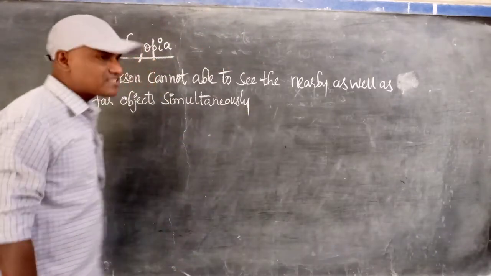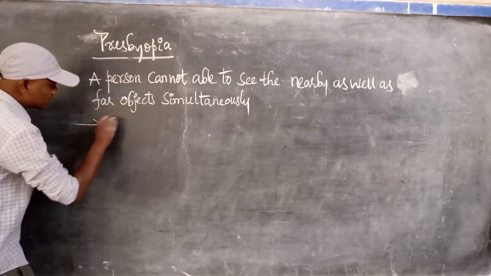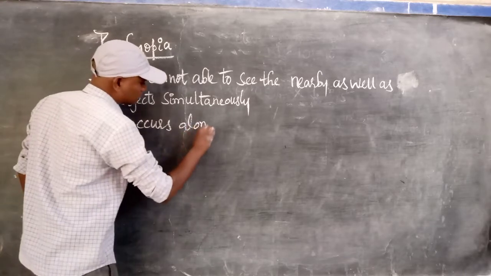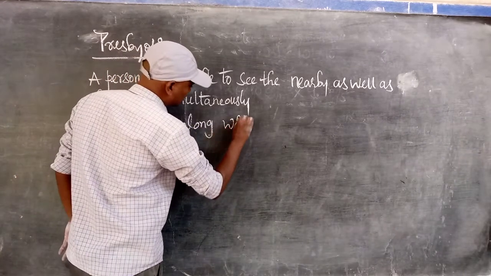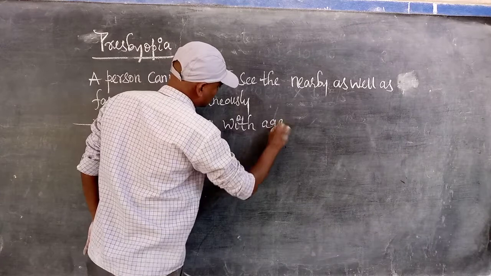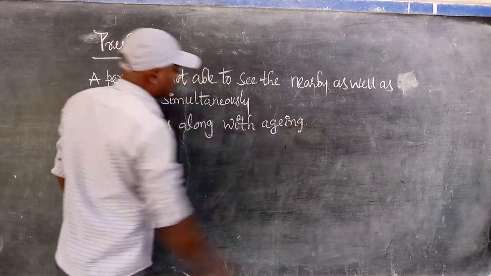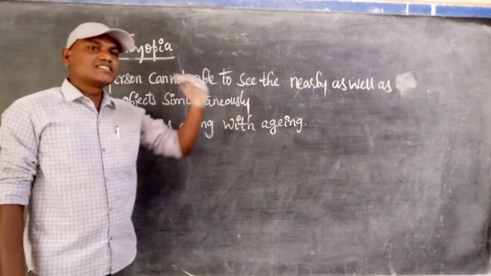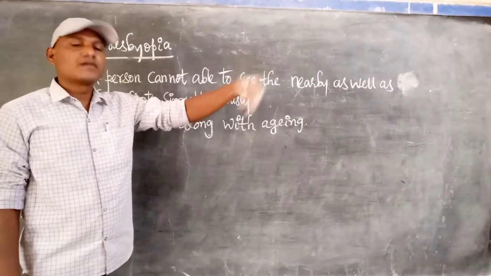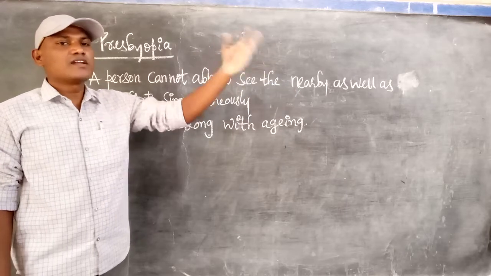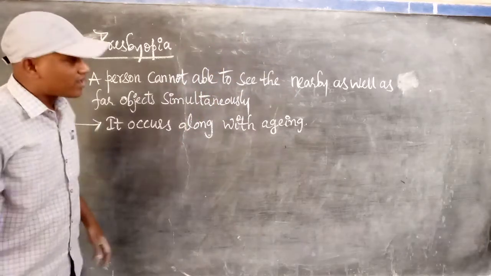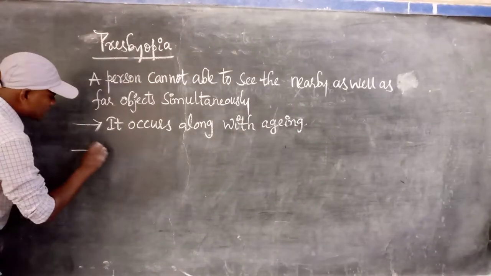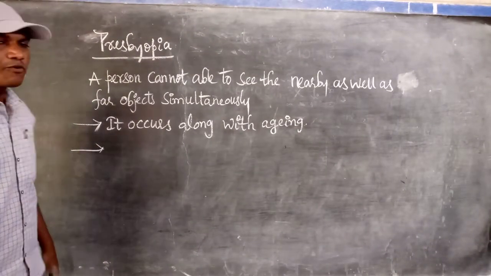Generally it occurs along with aging, meaning as our age increases and we become older, most persons are not able to see nearby and far objects simultaneously. What is the main reason for presbyopia?